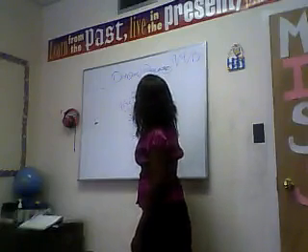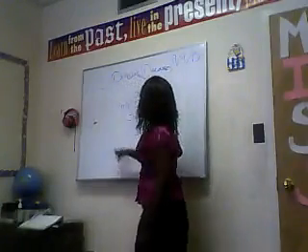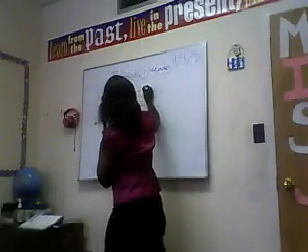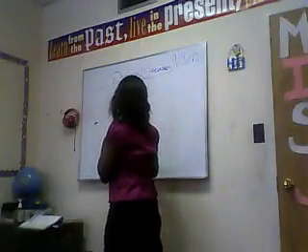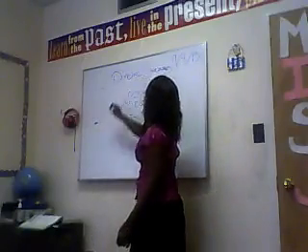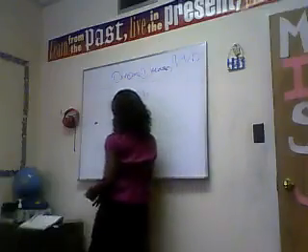What do I do now? Bring it down. 9 goes into 72 how many times? 8 times 9 is 72. What's my answer? 0.598.